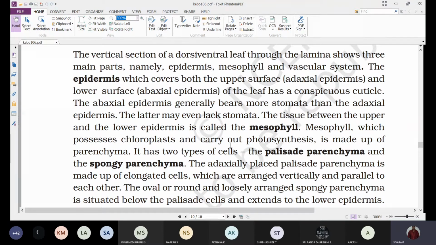So on both the surfaces, we'll find the epidermis, and the outer surface of this epidermis, which is towards the atmosphere, is covered by the waxy layer, that is the cuticle, on both these surfaces or on both the epidermis.